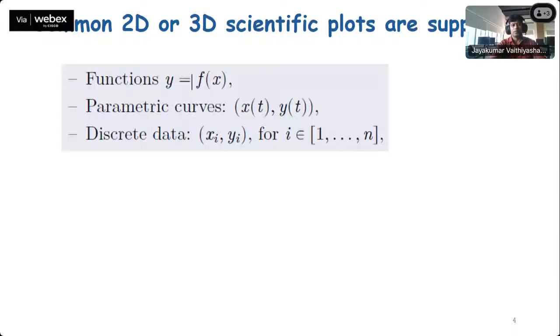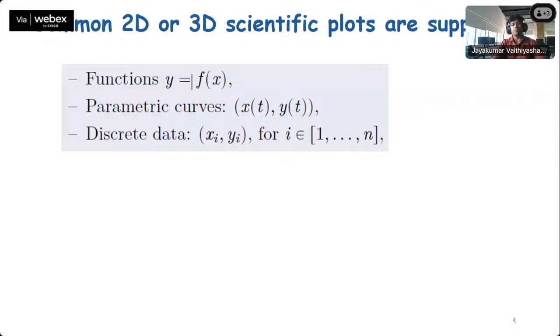The most common 2D and 3D scientific plots are supported in Matplotlib. That is why it is very popular. It is like a package and bundle, right? Take an example of plotting functions y equal to f of x, or simple parametric curves which require two functions, x of t and y of t.